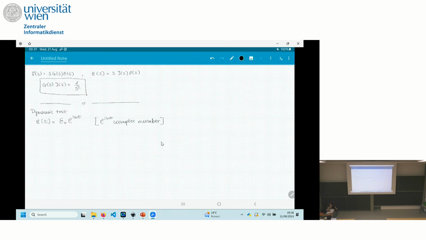So we need to integrate between minus infinity and t, again, of g of t minus tau times the derivative of the strain in tau. Since we are a bit short on time, I'm not going to go through the derivation, but we can have a look at it later if you want.